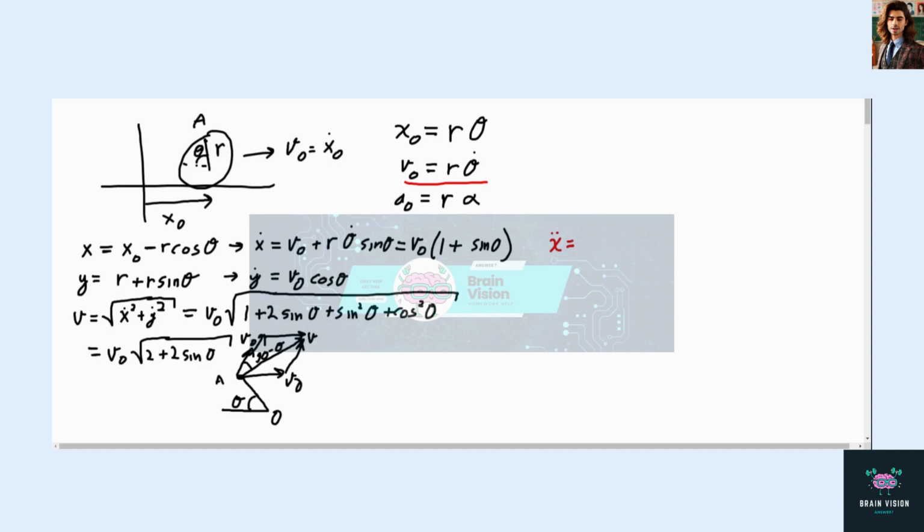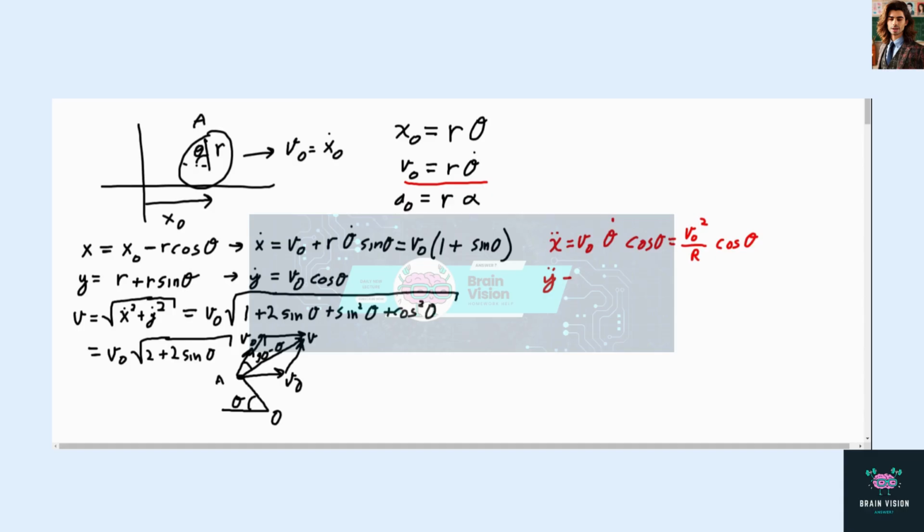We take the derivative of this 1 plus the sine of theta, which will give us a theta dot times the cosine of theta, so we have v0 times theta dot times the cosine of theta, which we can simplify again just a little bit and rewrite this as v0 squared over r times the cosine of theta. We're doing that just to make this v squared over r term that we're used to.